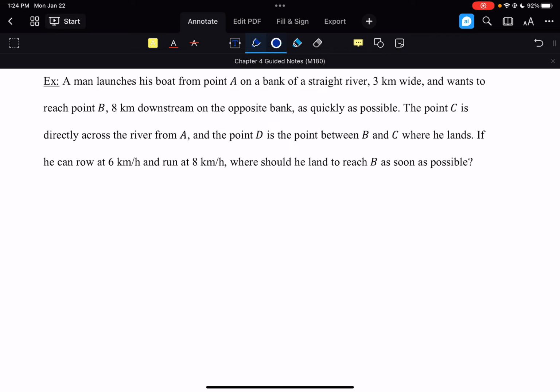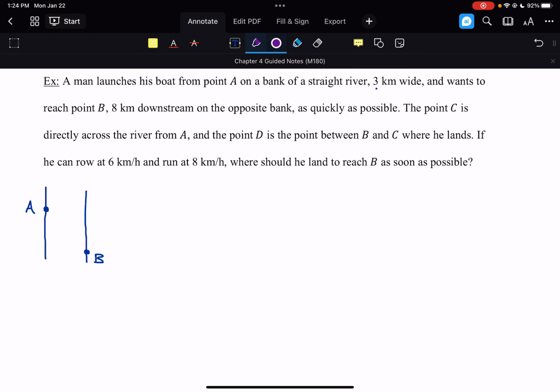Okay, so we've got 2 sides of a river. He's standing at point A on the left-hand side of the river, and he's trying to get to point B down here.